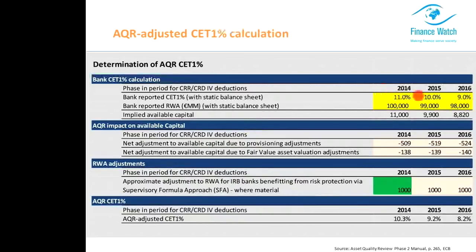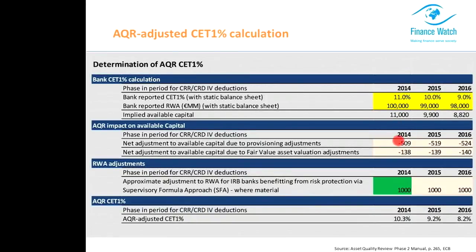And this is the cause of different ratios which you see here and different risk-weighted assets, because otherwise there is a static balance sheet assumption. So the balance sheet as it was in 2013 is taken to AQR and also to stress test. I will come back to it later. And there are no changes in the composition. So the only changes that you see here, like the drop in capital ratio and the drop in risk-weighted assets, is due to phasing in arrangements of CRD4.